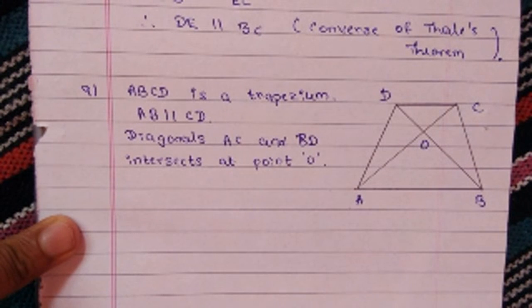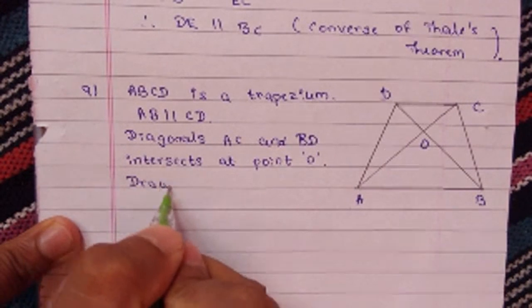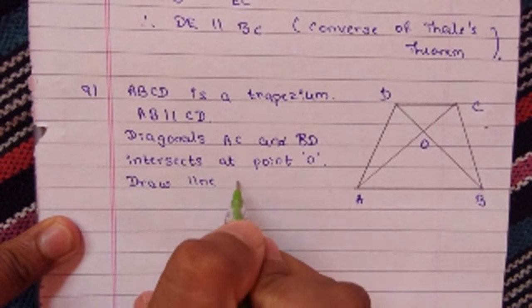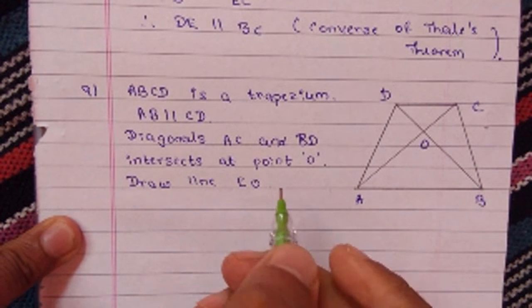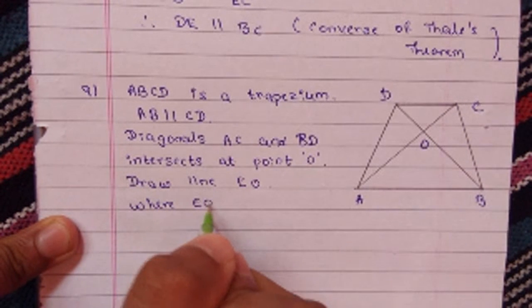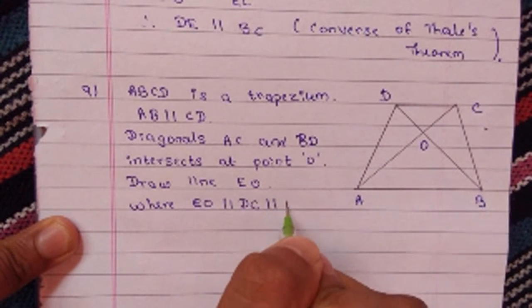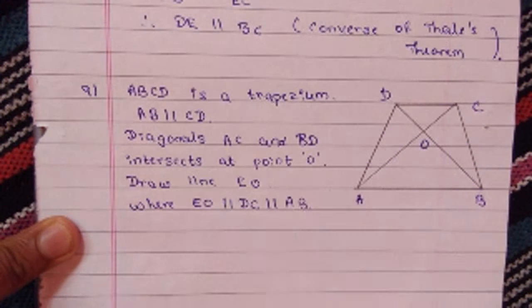So now to prove the given condition, I will draw a line EO, where EO is parallel to DC and parallel to AB.